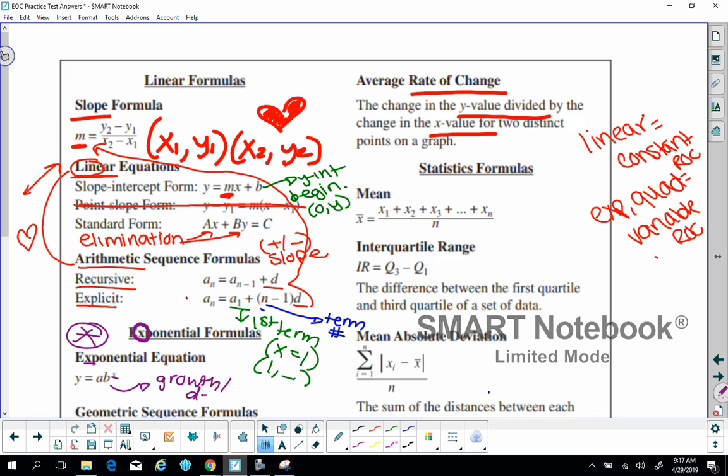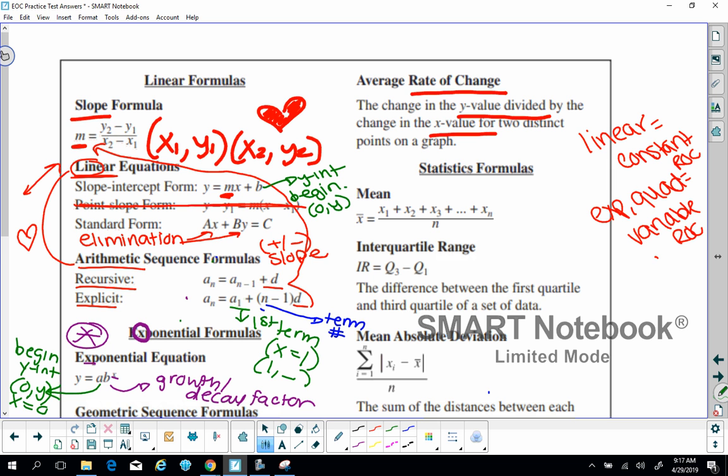So what's being multiplied over and over again? Remember, if it's larger than 1, it's growing. If it's smaller than 1, it's decaying. Your a, just like above, but now it's a, not b. a is your y-intercept, your initial amount, when x equals 0. Or your beginning amount, initial.